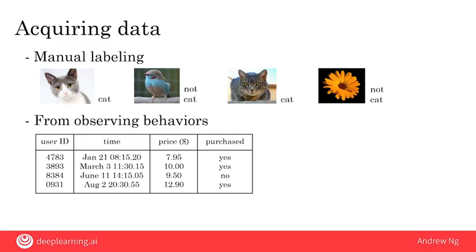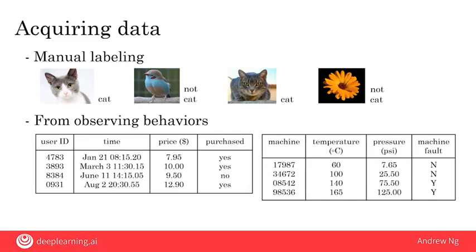This was an example of observing user behaviors. We can also observe behaviors of other things, such as machines. If you run a large machine in a factory and you want to predict if a machine is about to fail or have a fault, then just by observing the behavior of a machine, you can record a data set like this.